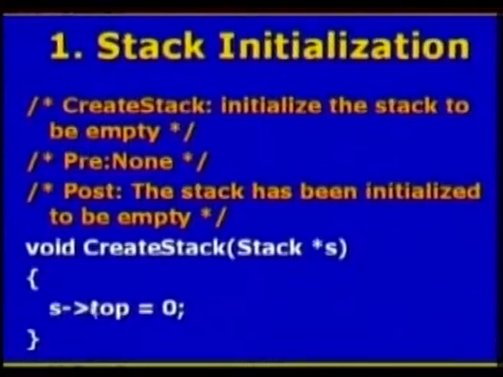Very basic. And it's an arrow here, minus greater than, because S is of type pointer to a structure rather than a structure. So we're not using the dot operator, but rather the arrow operator. Very simple function. Just make top of stack point to the first entry, the 0 entry.